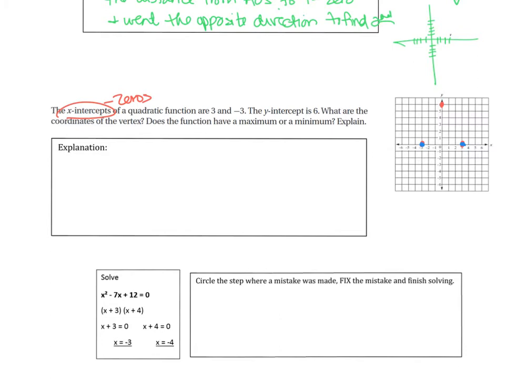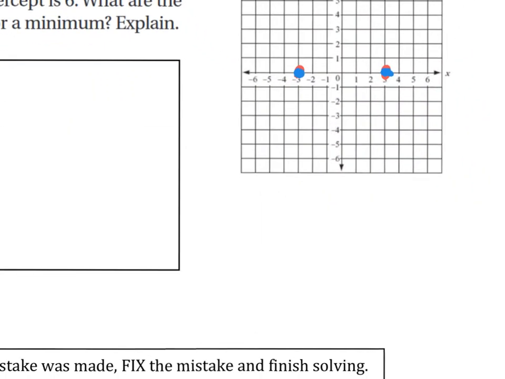So this has a distance in between of 1, 2, 3, 4, 5, 6 units. 6 units from one x-intercept or 0 to the other. That means that the vertex is halfway. So 6 divided by 2 is 3. So that means I go 1, 2, 3 units, and that is where my vertex is.